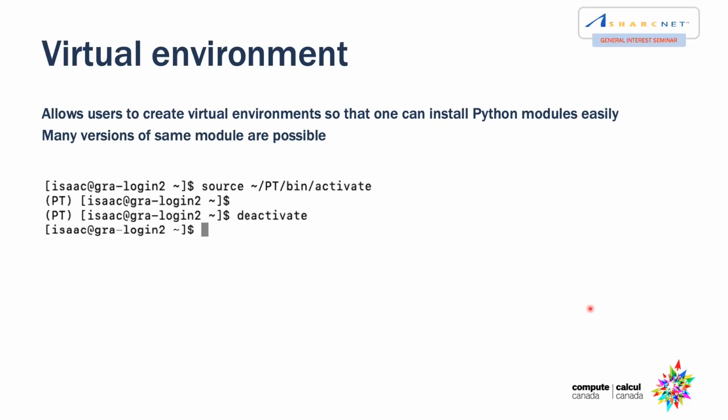But our system has been used for a long time by so many different users, so we cannot easily accommodate all types of packages you need. So instead of making all packages available at the system level, we give you the chance to set it up by yourself. Which means you can make your own environment, that's why we call it a virtual environment, by installing and uninstalling whatever you need, right? So this is a virtual environment.